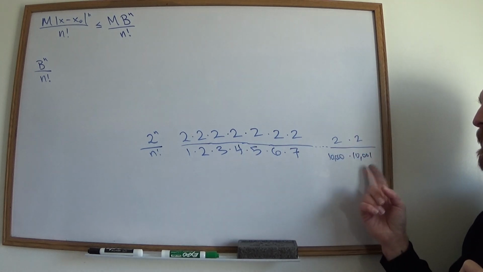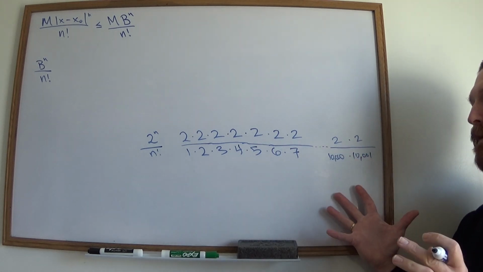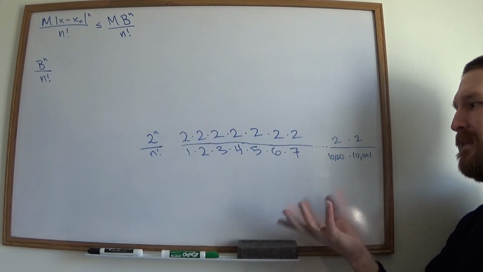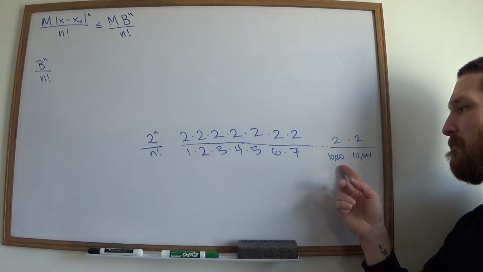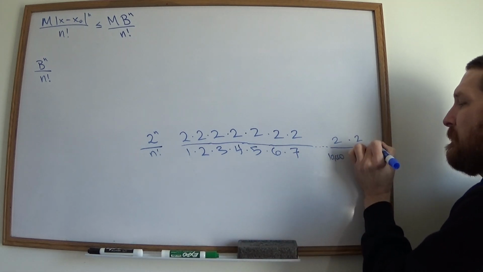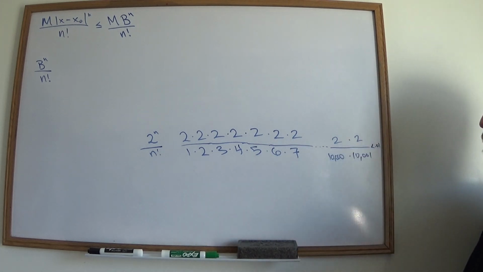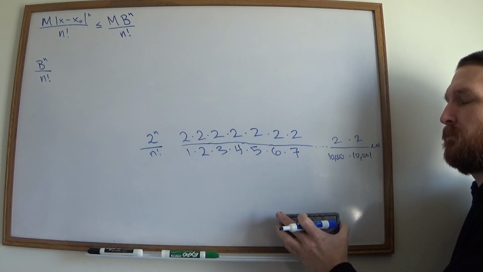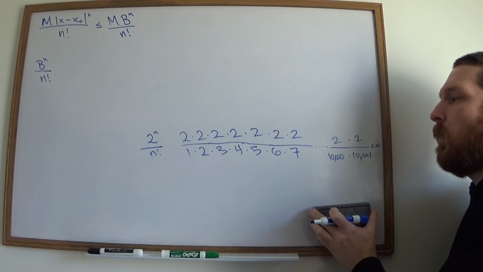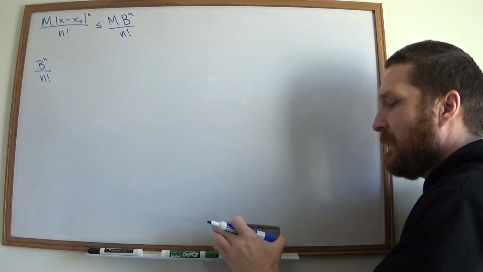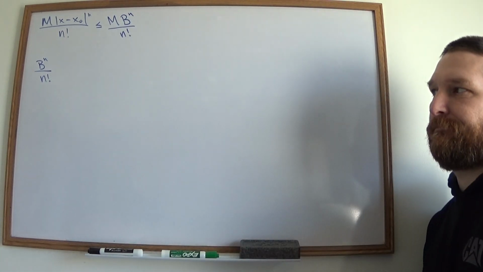And now the denominator is getting much, much bigger. It's easy to see when you have small numbers that it's not going to take too long before you can make this denominator big enough so that you can make it less than your tolerance, say 0.01 or whatever it is. Okay, so we're imagining that b is a big number.